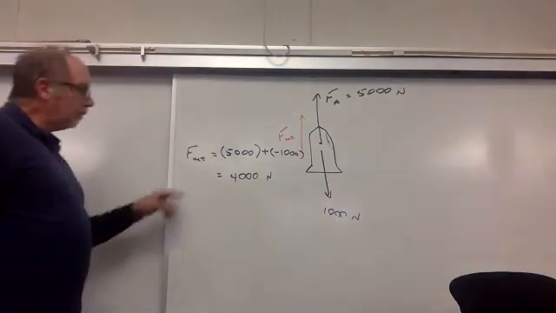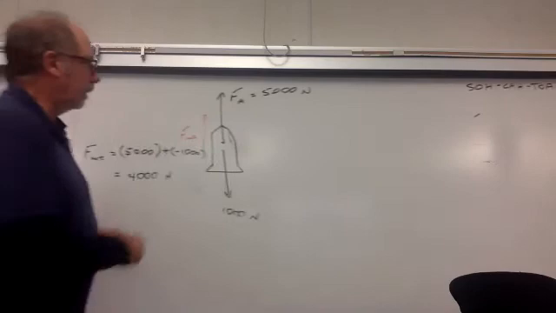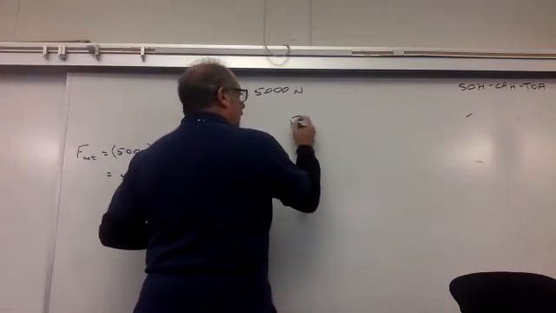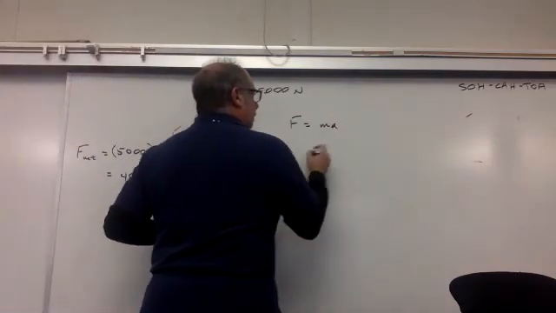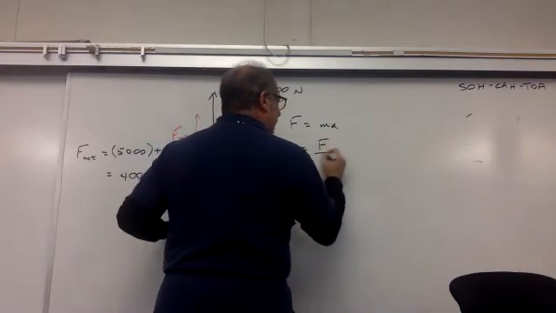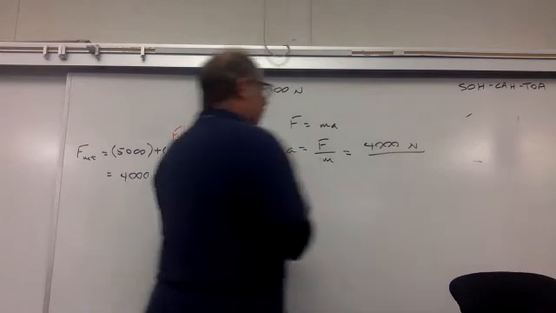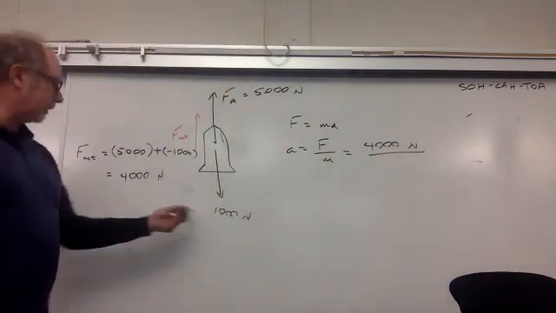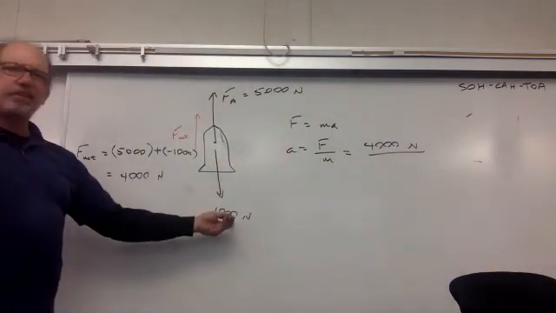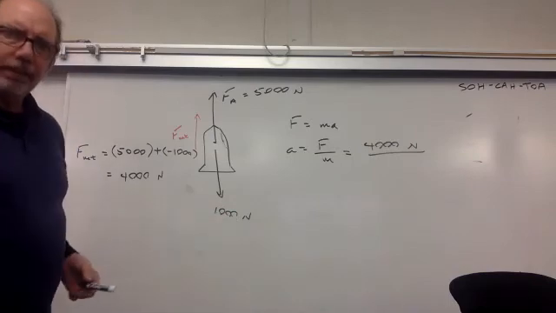Okay, now if I wanted to use this force to find the acceleration, F equals ma. So acceleration is equal to force divided by mass. Force is 4,000 newtons. What am I going to use for the mass? I'm not going to use 1,000 newtons. That's its weight, not its mass.